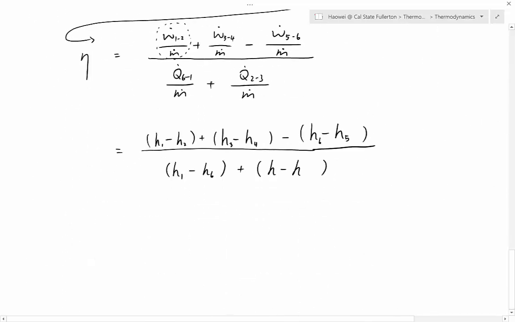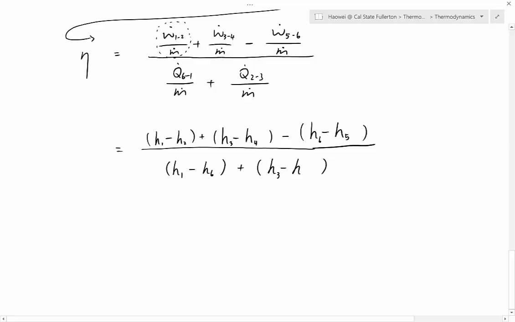So we use H3 minus H2. So now this is the equation we have for efficiency if you have a reheat cycle. Now take a look at the right-hand side. What do you need? H1, H2, H3, H4, H5, and H6. You just have to find every single one of them, then you're done with this problem.